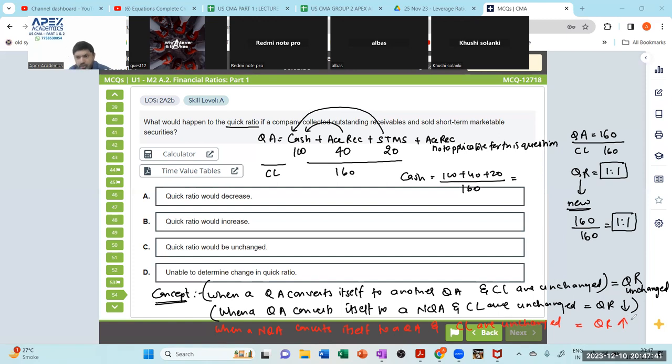Your quick ratio will increase. Why? Because your existing level of cash, which is a quick asset, will increase. The question is very simple, there is no doubt about it. It's a very, very childish question, but the concept is a good one.